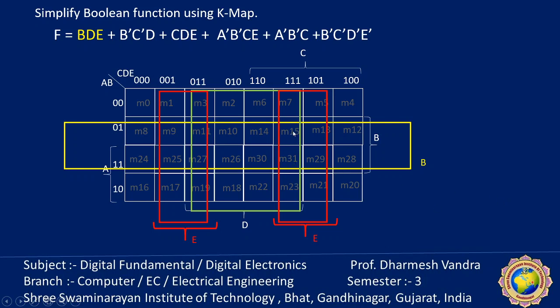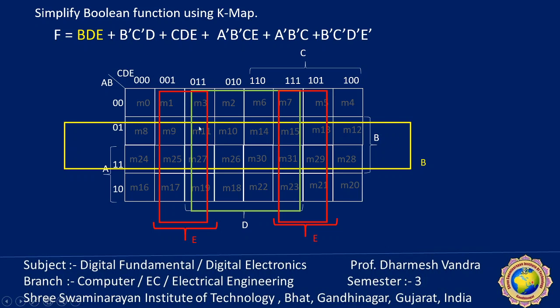This graphical representation is given for this function because you can easily understand how we can get the four minterms. B, D, E, three variables, are represented by four minterms. If there were only two variables, B and D, it would become 8. B alone would be represented by 16 minterms, 16 cells.